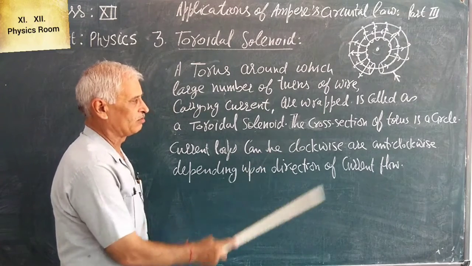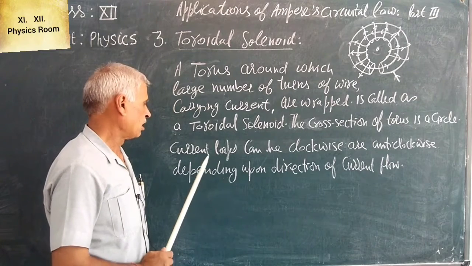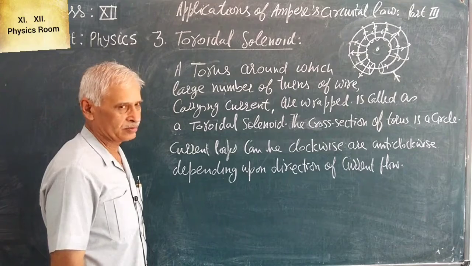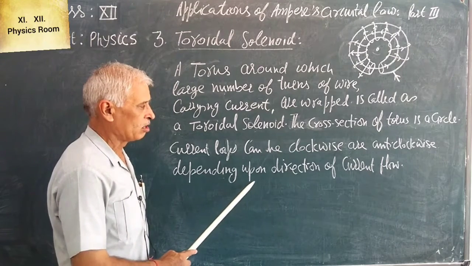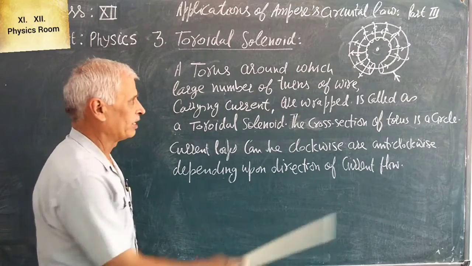The cross section of the torus is a circle. Current loops can be clockwise or anti-clockwise depending upon the direction of current flow. Now look at the diagram.